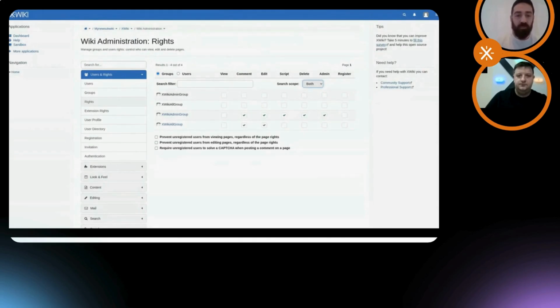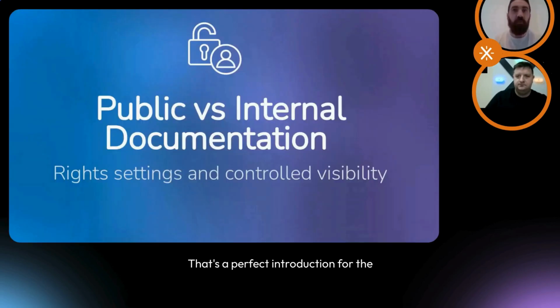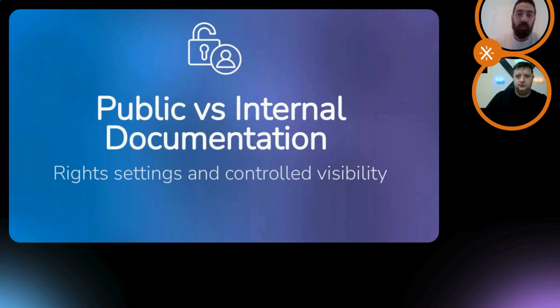Yes, thanks, Nico. That's a perfect introduction for the next topic, which is the way you can, once you have your page hierarchy or subwiki set, you may want to restrict the ability to view some content for external users. So let's see that together.